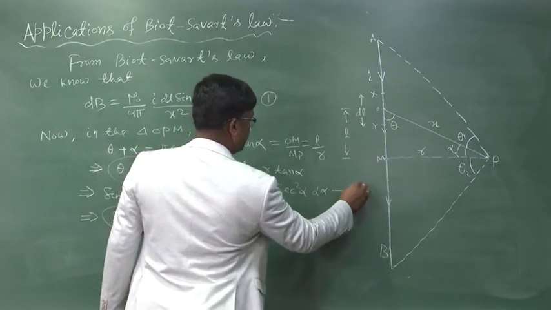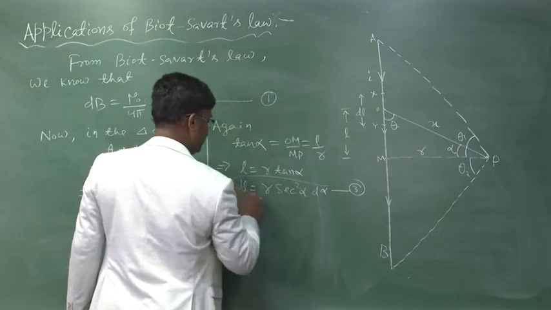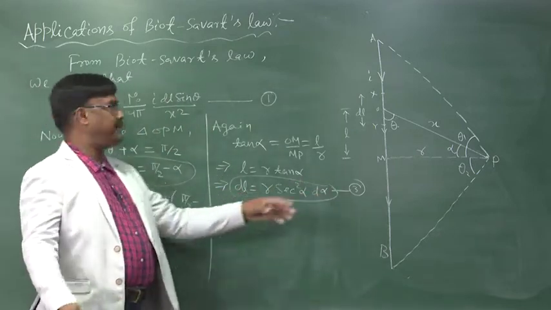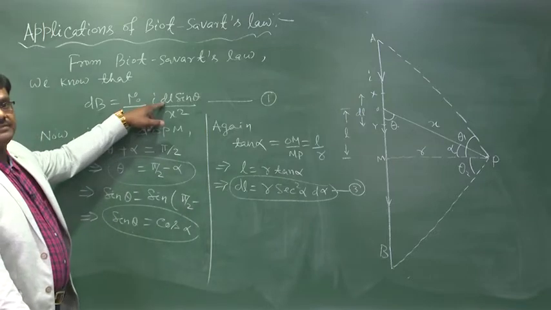This is equation 3: dl equals R sec square alpha d alpha, because dl is there.